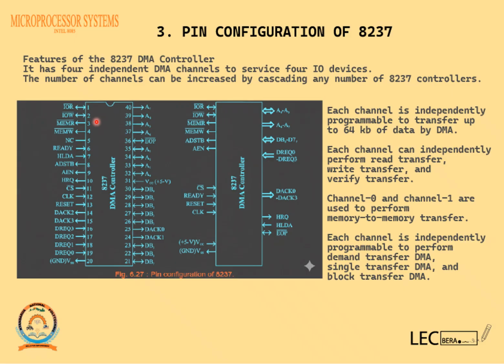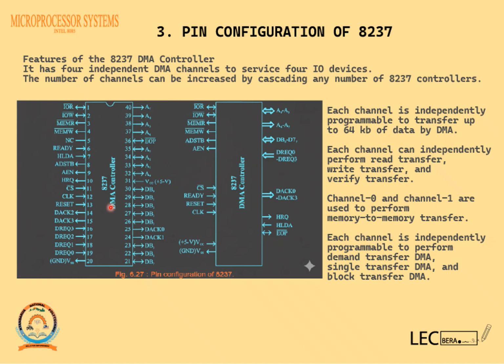Four of these pins are familiar to us now: input output read, input output write, memory read, memory write. Those are the control signals which enable us to exchange data either by reading the memory or writing the memory, or reading the input output devices or writing the input output devices.